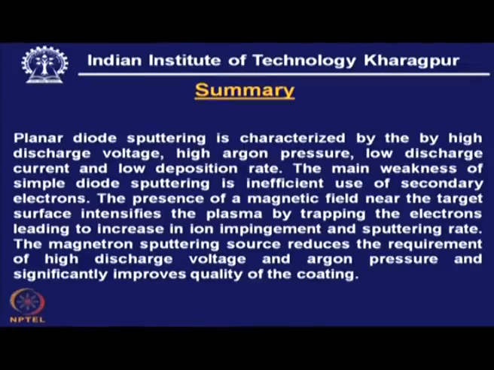So, it has to follow a particularly guided motion, and it cannot be a stray electron, and that will lead to an increase in ion impingement and sputtering rate. So, we also find that a magnetron sputtering source reduces the requirement of high discharge voltage and high argon pressure, and significantly improves the quality of the sputtered layer or the coating.